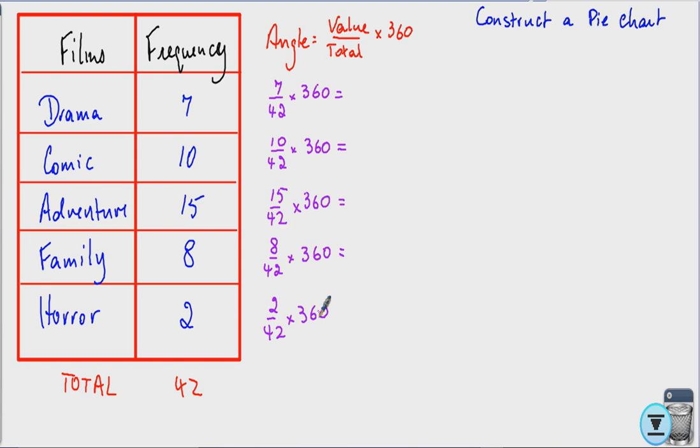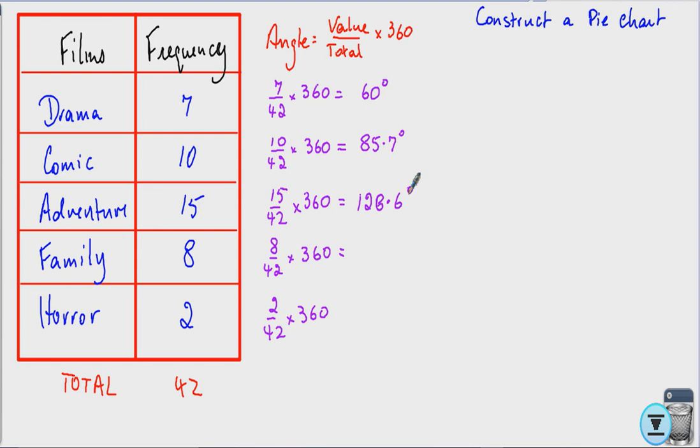Okay, so I have 7 on 42 by 360, that is 60 degrees, it's a round number. Okay, 10 on 42 times 360, which gives me an angle of 85.7 degrees. Then I have 15 on 42 times 360, which gives an angle of 128.6 degrees.